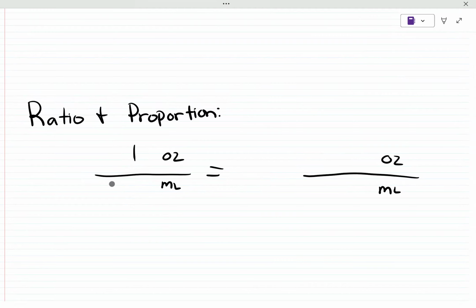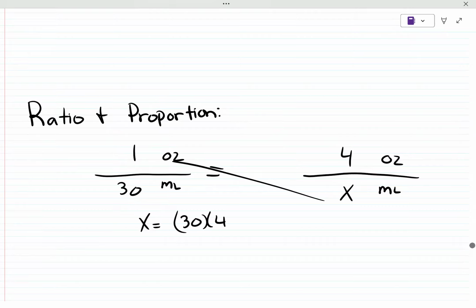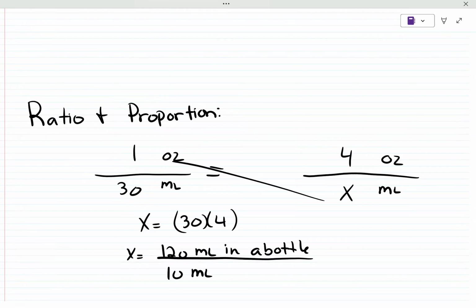We know that for 1 ounce, there's 30 milliliters, and this is 4 ounces. Cross multiply: x equals 30 times 4, which is 120 milliliters in a bottle. Then divide by 10 milliliters per dose. So that's 12 doses.